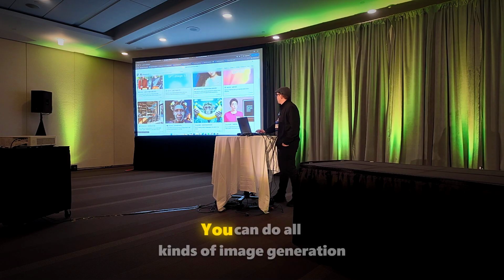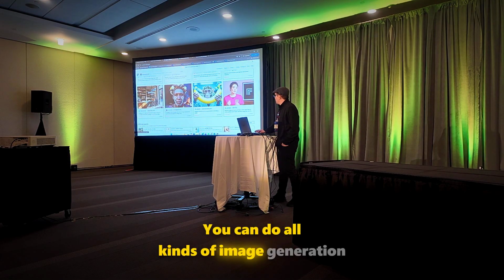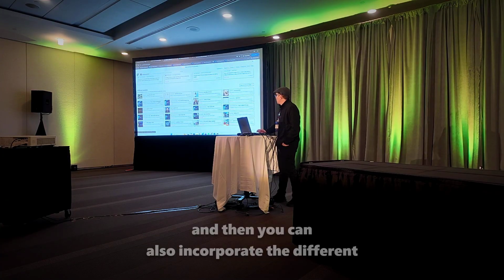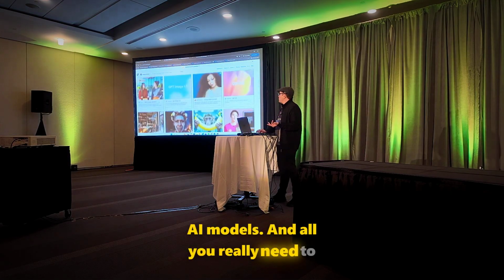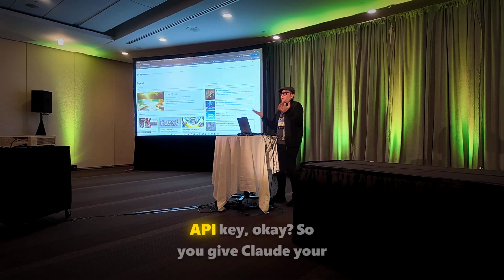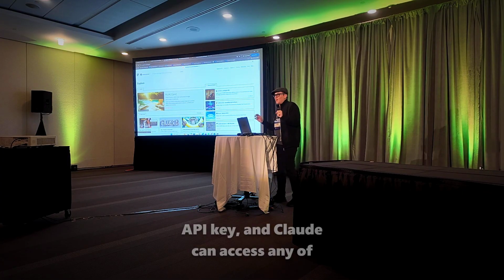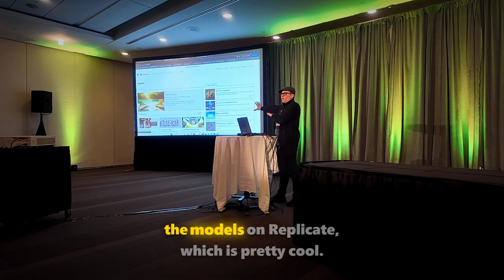ChatGPT is up there. You can do all kinds of image generation, and then you can also incorporate the different AI models. And all you really need to do that is what's called an API key, okay? So you give Claude your API key, and Claude can access any of the models on Replicate, which is pretty cool.